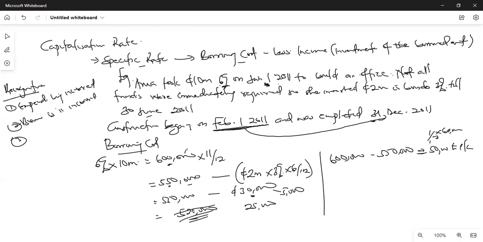And therefore, this figure should actually be 525,000 herein. All right, so you scratch this. This 5,000 will also now be represented as an income that came in January, also going to your P&L.